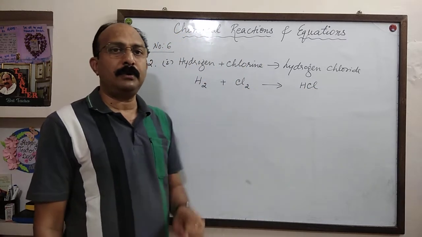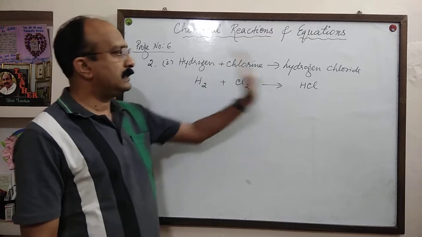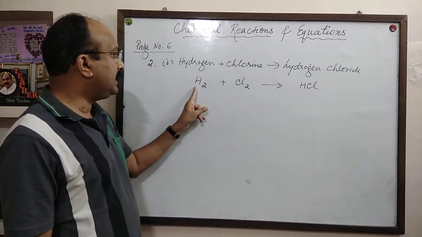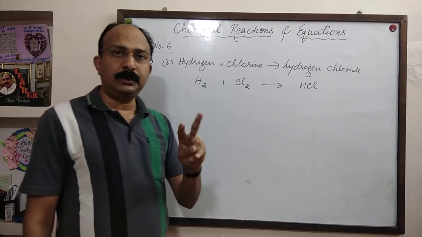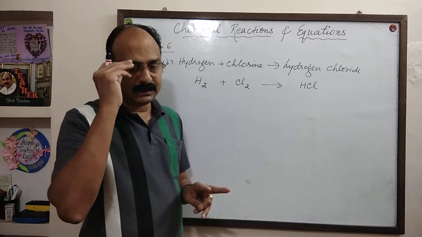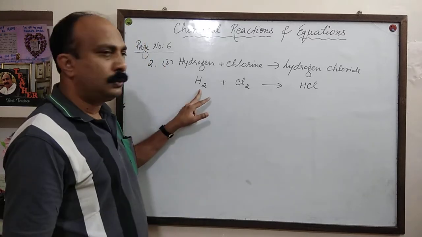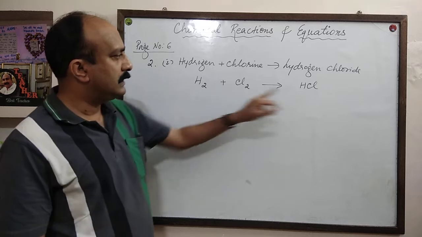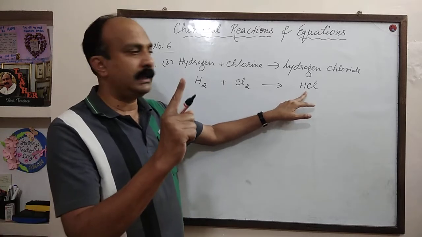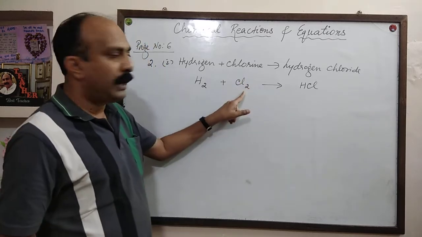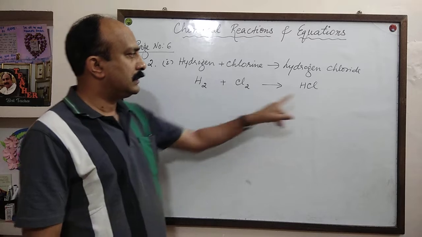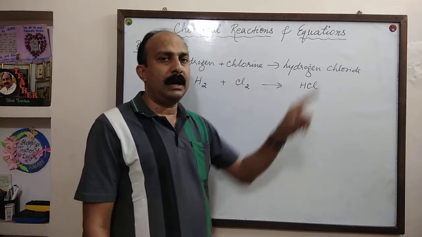Now count the number of atoms in LHS and RHS. Hydrogen and chlorine are the two types of elements in this reaction. By counting the number of atoms, we get 2 atoms of hydrogen in LHS, but only 1 atom of hydrogen in RHS. 2 atoms of chlorine in LHS, only 1 atom of chlorine in RHS.